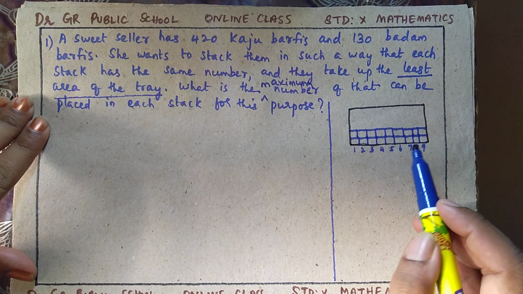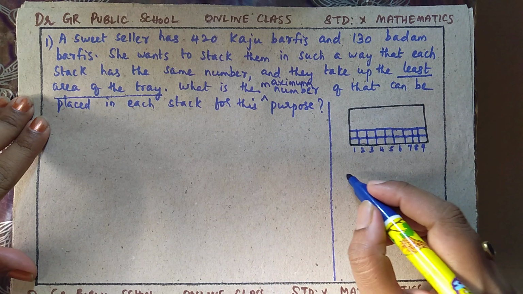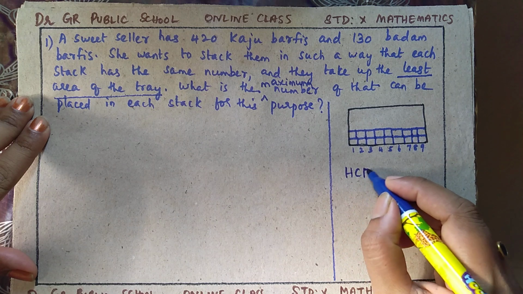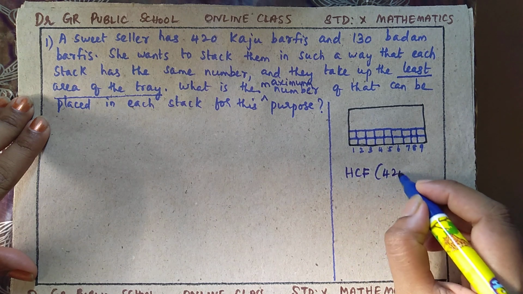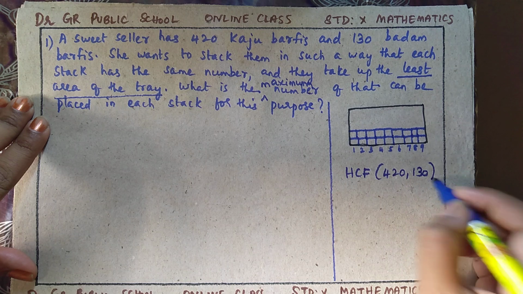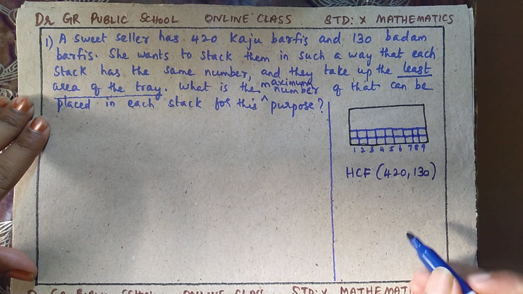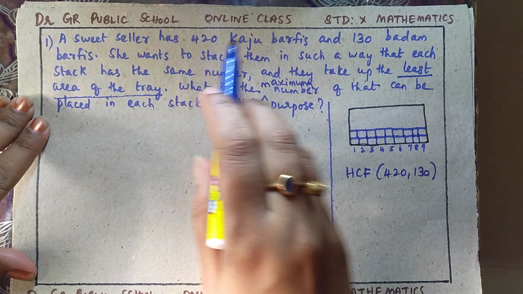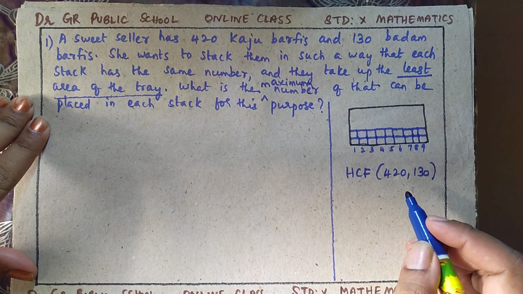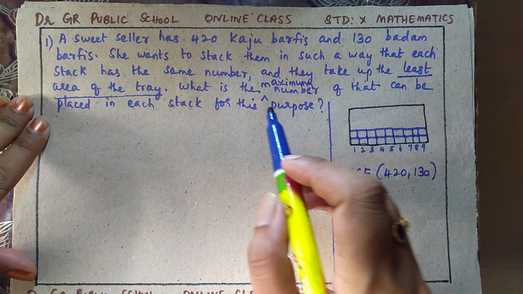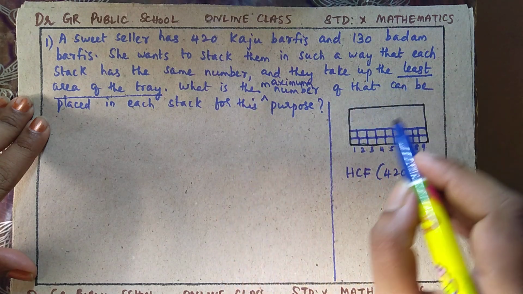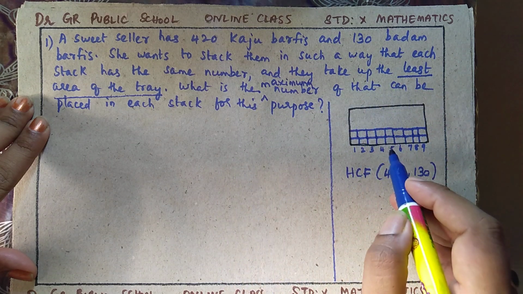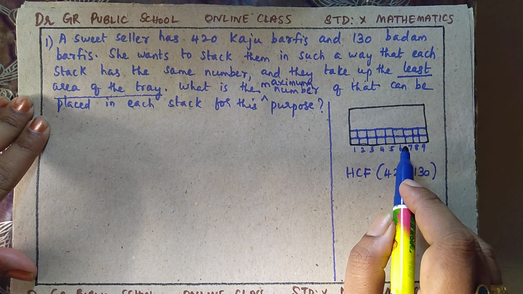So that means the given question is asking about the HCF of the given numbers 420 and 130. Understand, we need to find out the common factor of 420 and 130. So here we need to understand the least area of the tray and maximum number of barfis we are arranging.